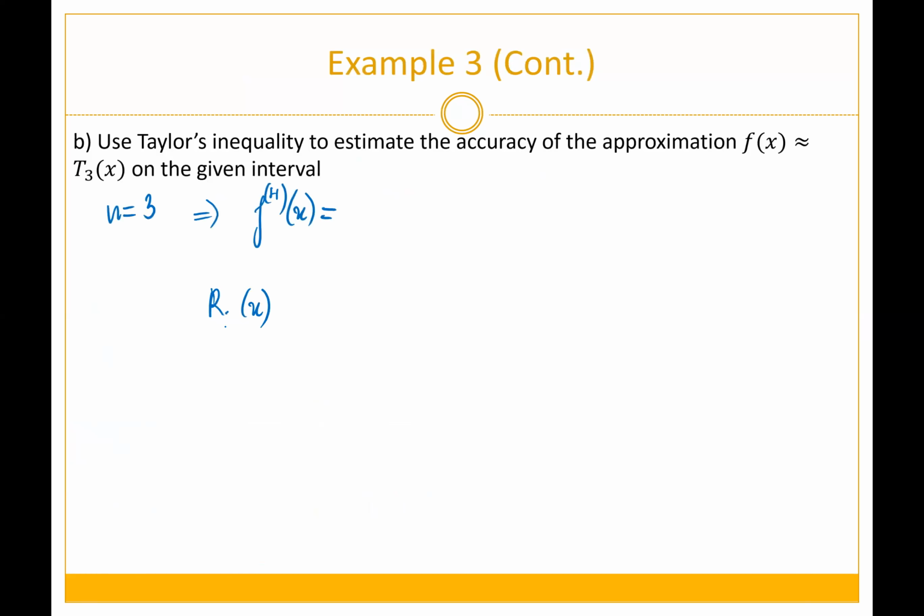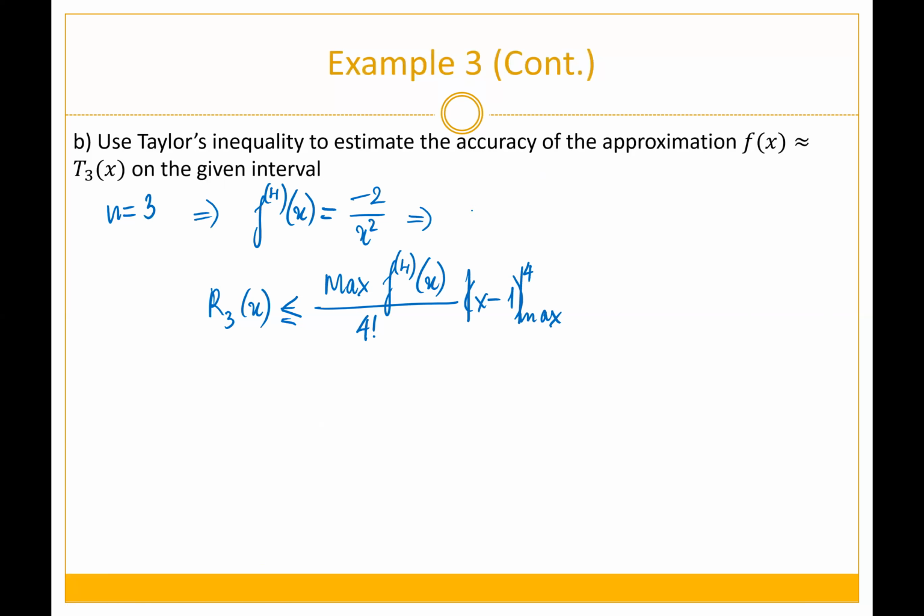So the absolute value of R3 of x is smaller than or equal to the max of the absolute value of f4 of x on that interval, over (n plus 1) factorial, which is 4 factorial, times the absolute value of x minus 1 to the fourth, and this also has to be the max. Here the fourth derivative is negative 2 over x squared, because the third derivative is 2 over x.